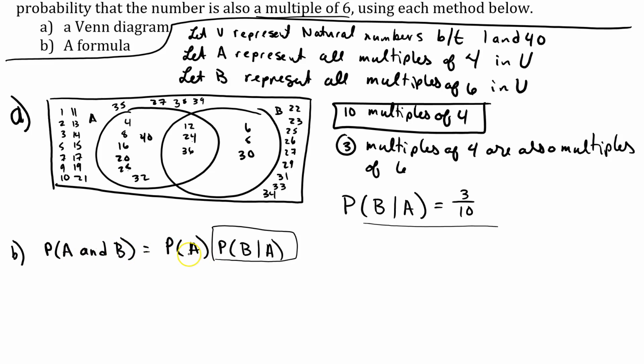So we're going to divide both sides by the probability of A. So I get the probability of B given A equals the probability of A and B over the probability of A.